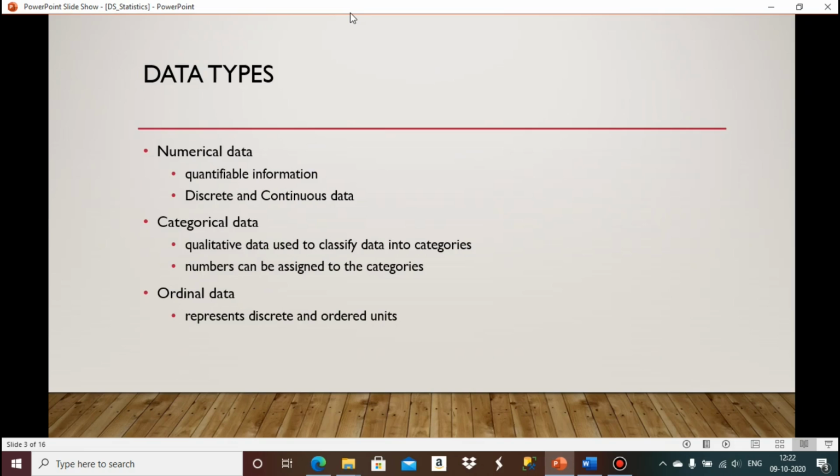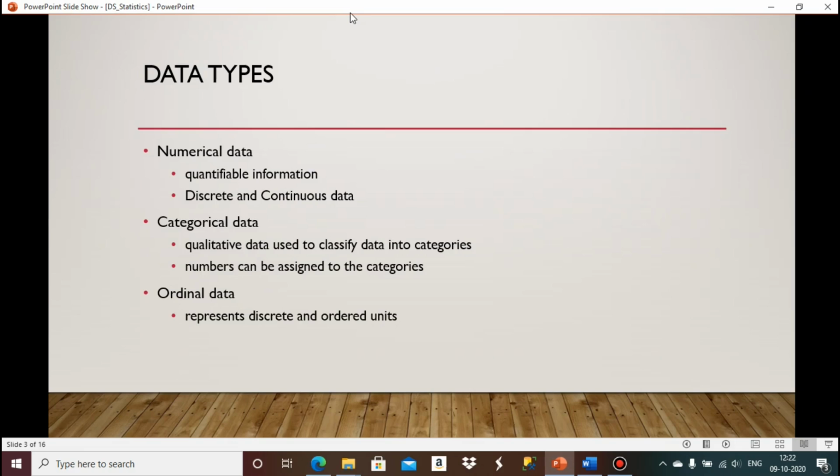If we have two people with weights of 50 kg and 51 kg, there can be numerous people in between 50 and 51, right? Because there can be fractions of a kg and fractions of a gram in the weight of a person. That's why this type of data is continuous, where all the possible values in a continuous range are possible. That is continuous numerical data.